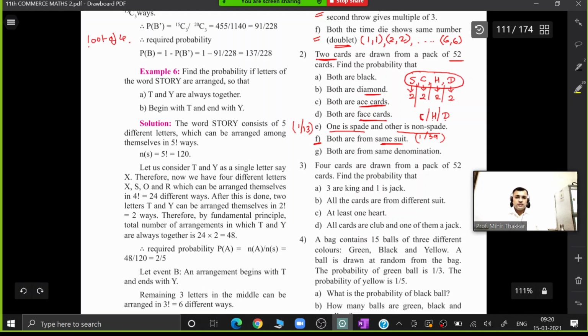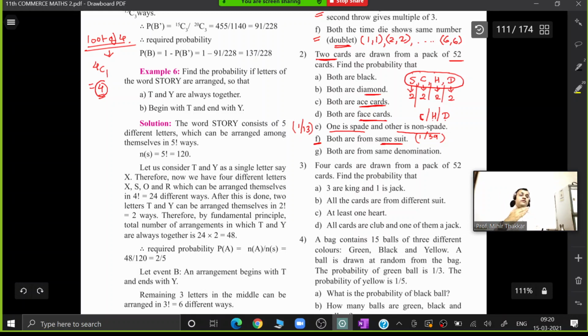This can be selected in how many ways? In just 4C1 ways, which is equal to 4. Obviously, any one out of 4 can be selected in 4 ways only. You all might be knowing that.